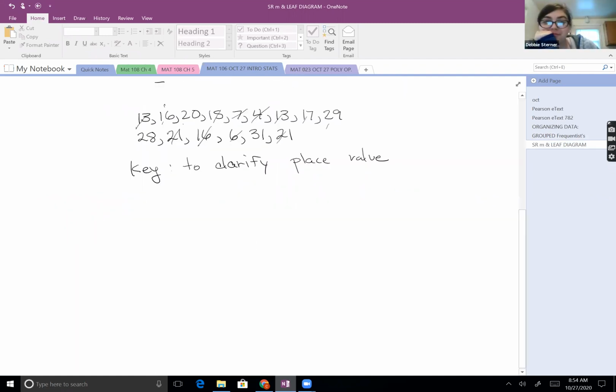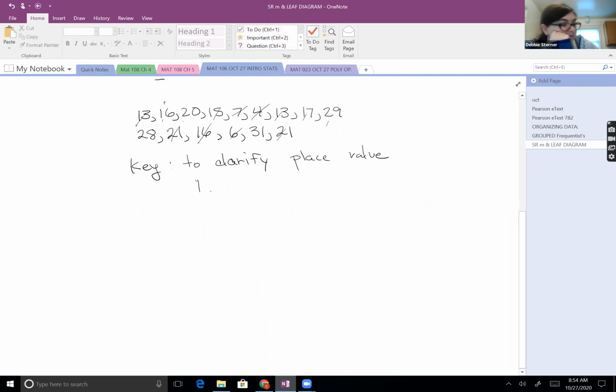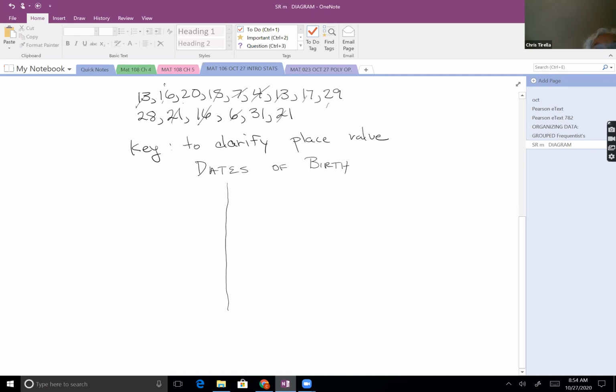Okay, so for the dates of birth, I'm going to do this twice. One's going to be my sloppy copy, and then one's going to be my final copy. In my sloppy copy, some of those aren't 2-digit numbers. Some of them are only 1-digit numbers.